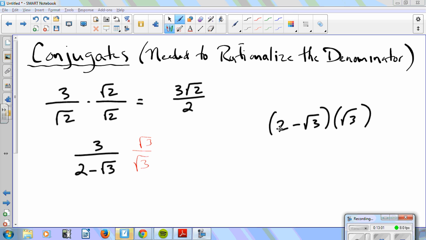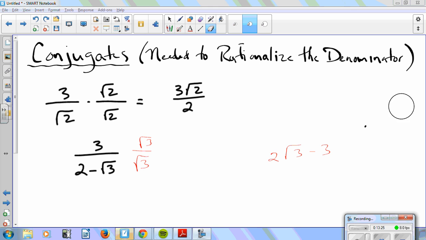Multiplying together, 2 times the square root of 3 is 2 square roots of 3. Now, with the minus, I get 3. Well, the problem is I still have a radical in my denominator. I haven't changed anything. I could go around in circles doing this over and over, multiplying by the square root of 3, and I'd end up with the same thing again and again.